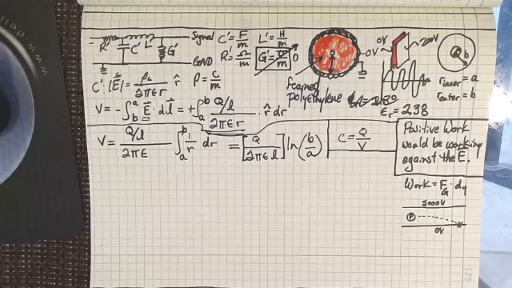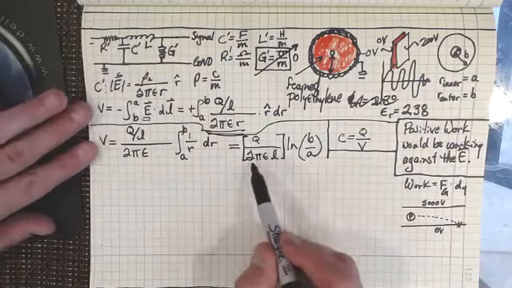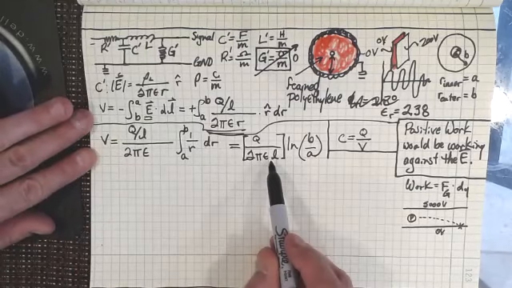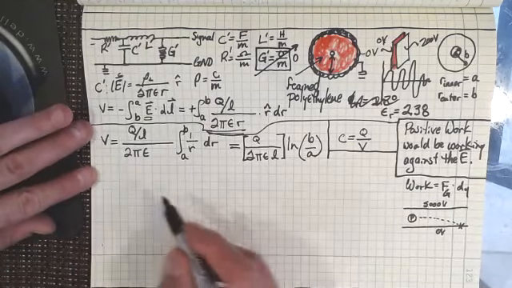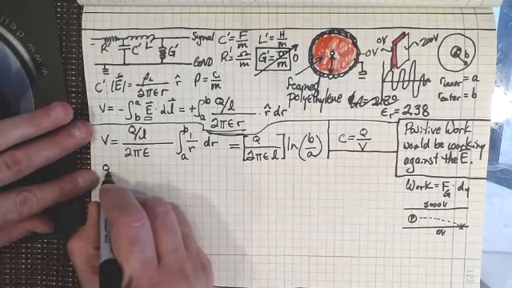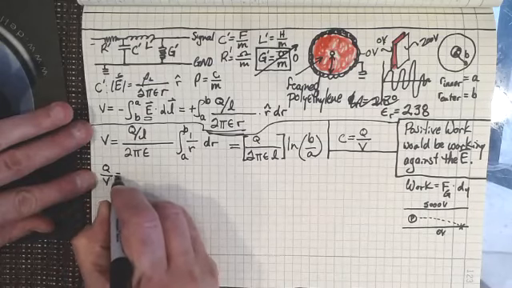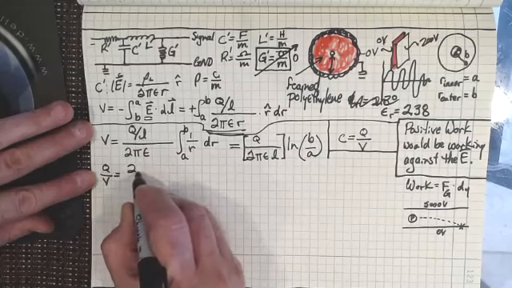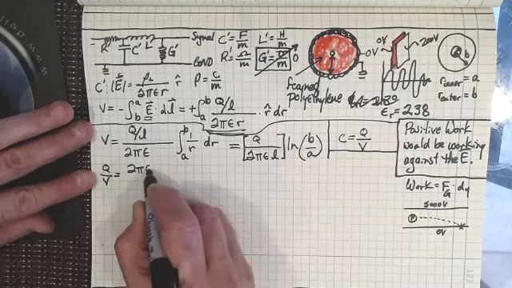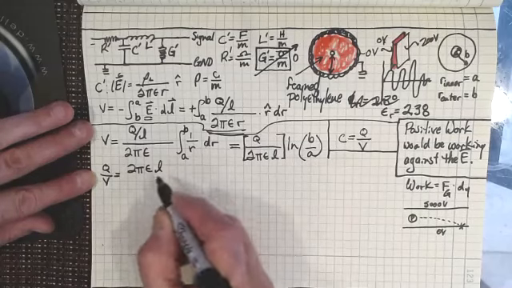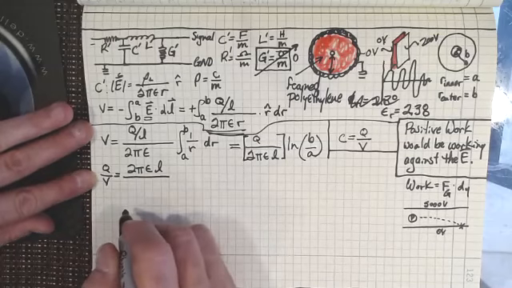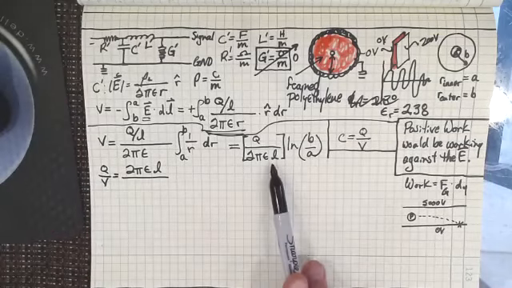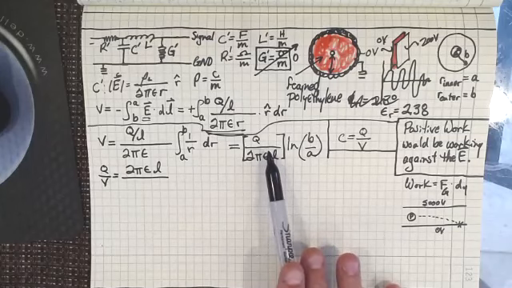Well, if that's capacitance, let's see, Q over V. If I have V, I bring V over there, and I bring this over here, then I could say that Q over V is going to be 2 pi epsilon L divided by, wait, am I getting this right?